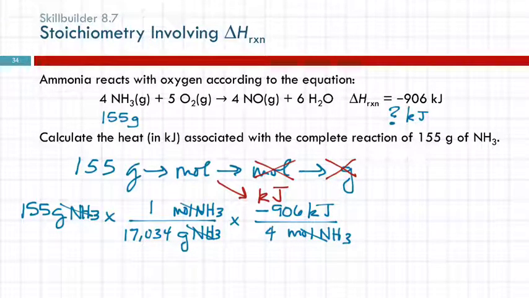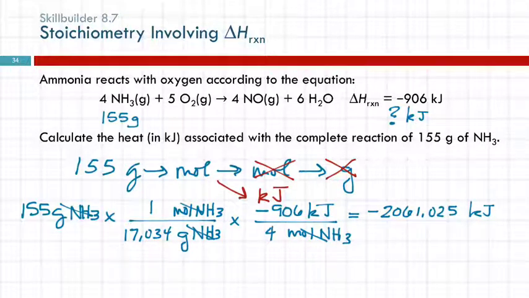So divide by 17.034, times negative 906, and divide by 4. My calculator is giving me this mess. The unit would be kilojoules. It's the only one I didn't cross off.